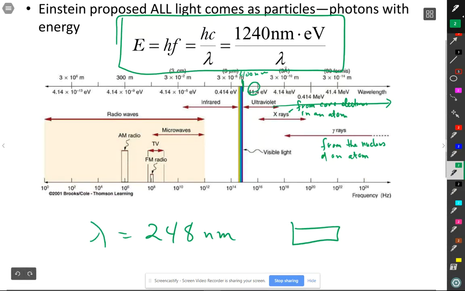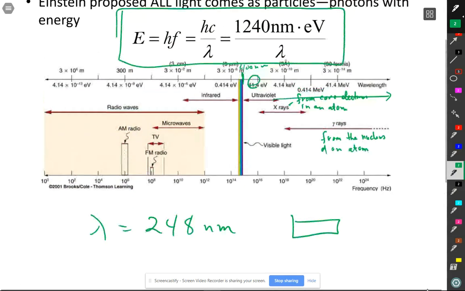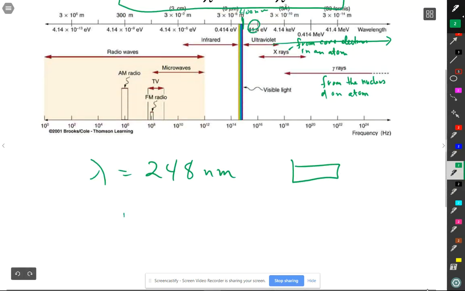If you want to convert, hf equals hc over lambda. We can cancel those h's, of course. No, we don't want to cancel the h's, because I wanted to convert from wavelength to energy.